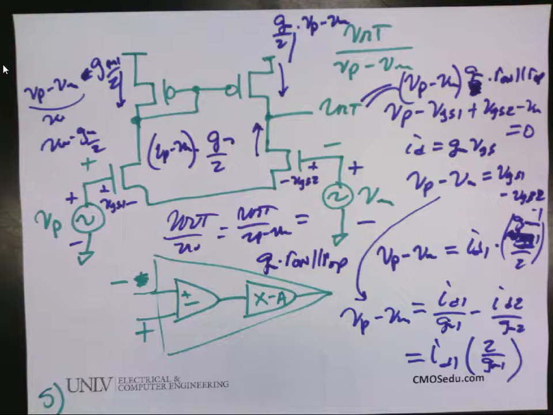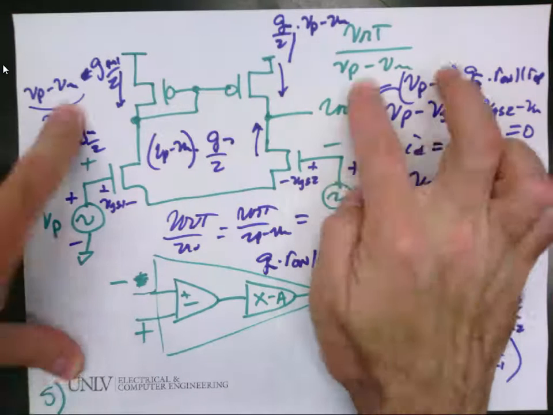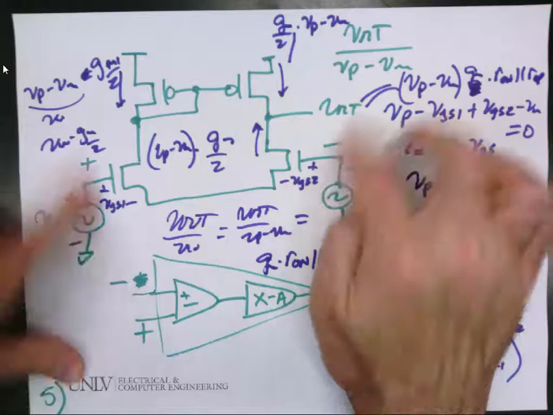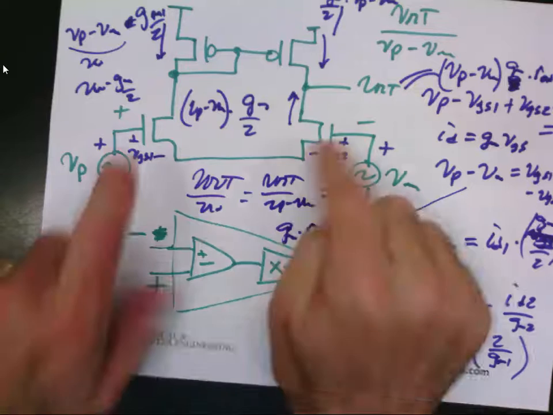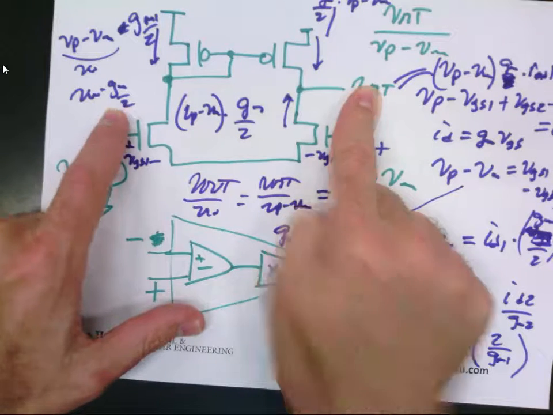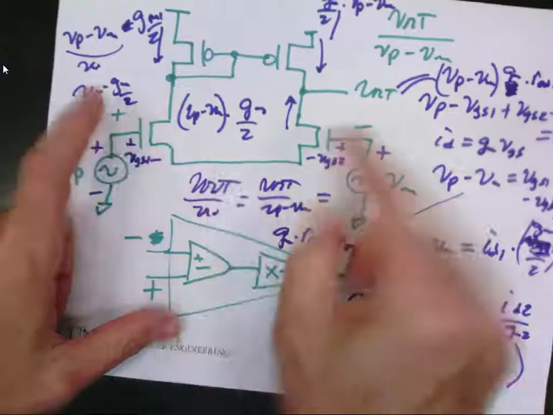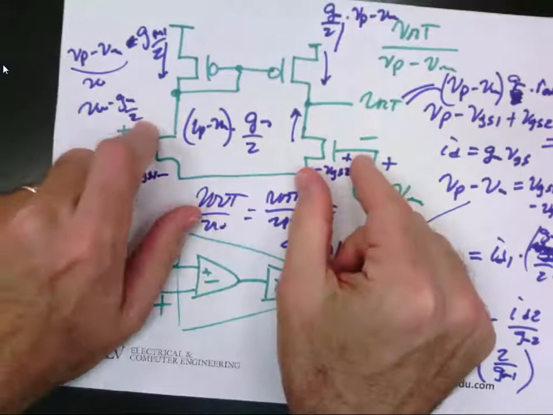All right, any questions there? Okay, I got a question. What if VP and VM are equal? They both go up together and down together. What is the output? It stays the same ideally, right? If both go up by 10 millivolts, that means this node goes up by 10 millivolts, so the current in each side doesn't change.